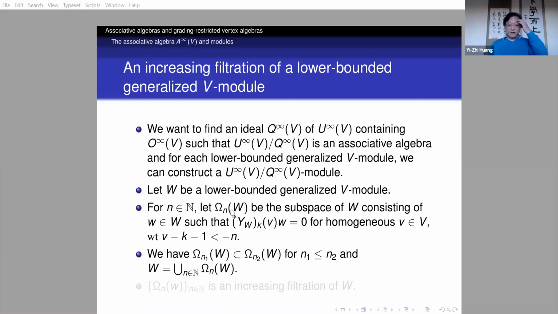Okay, so Omega n certainly has this property that Omega n1 is contained in Omega n2 for n1 less than or equal to n2, and W is a union of all these Omega n. So this is an increasing filtration. This is something that we will have to use for all n, not just some finite n.